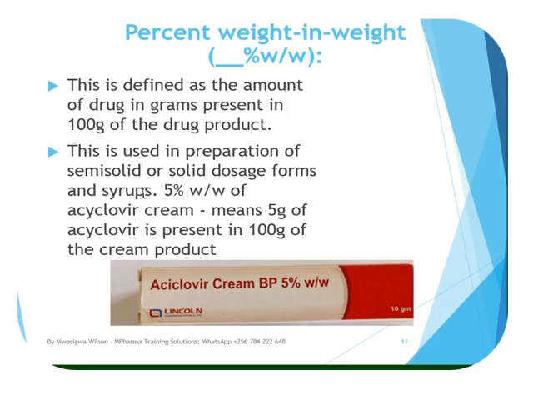For example, acyclovir cream BP 5% weight per weight. What does this mean? It means that 5 grams of acyclovir is present in 100 grams of the cream product.